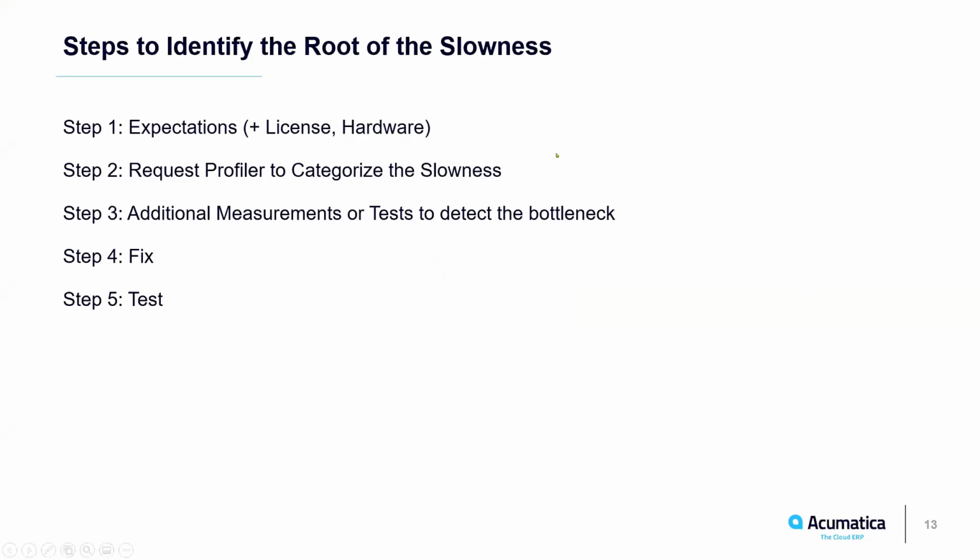Now, the first step here is understanding the expectations. So you need to understand how long that process is going to take, ideally. You need to understand that, for instance, recalculation of balances for all customer accounts is not a fast process, and you cannot expect it to take 1 second on a 50 gigabytes database, right?